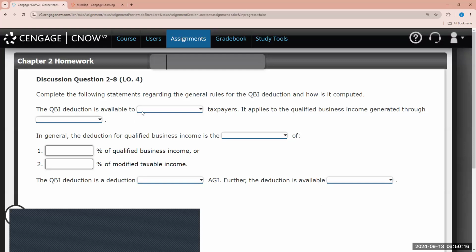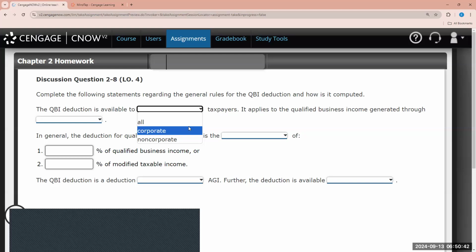So the QBI deduction, is it available to all taxpayers, corporate taxpayers, or non-corporate taxpayers? It's definitely not all. This does not apply to individuals that do not have a business. So all is not the answer. This doesn't apply to corporate taxpayers. Again, for corporate taxpayers, the tax rate was reduced to 21%, but not all business forms are corporations.